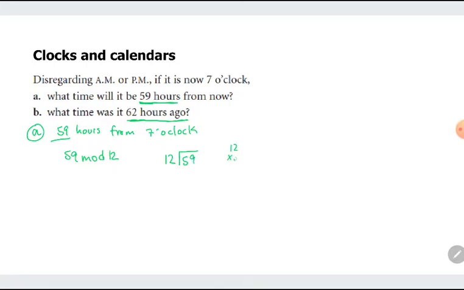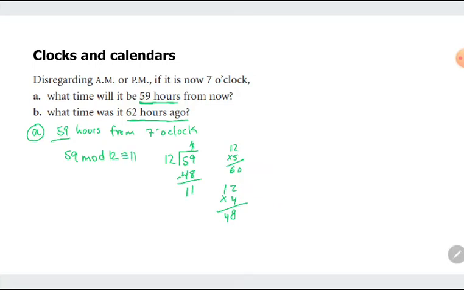12 times 5 is already 60. Let's do 12 times 4. Okay, that's 48. So 11. Okay, so our remainder is 11. 11 cannot be divided by 12 anymore.